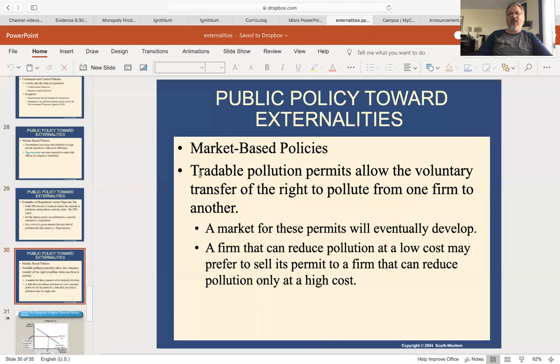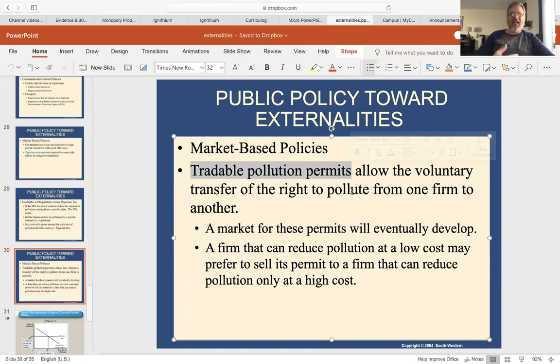But there's another way of doing it, which is to come up with the pollution allowance and then divide it up into units, and then write these little certificates that give a right to pollute.